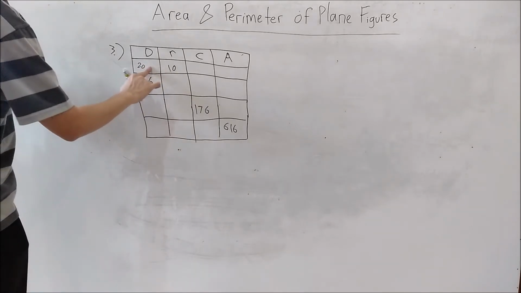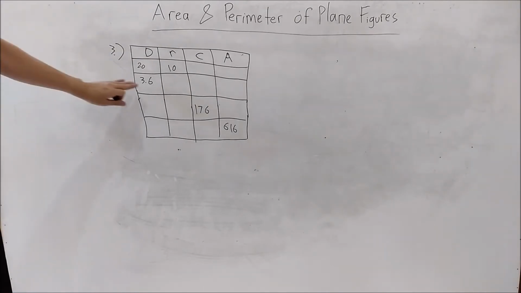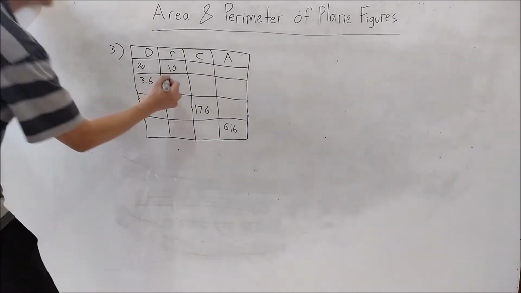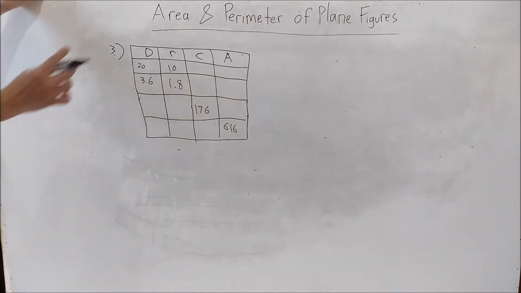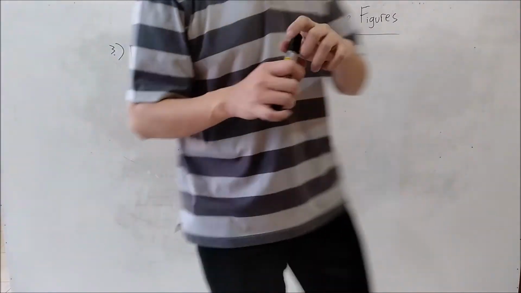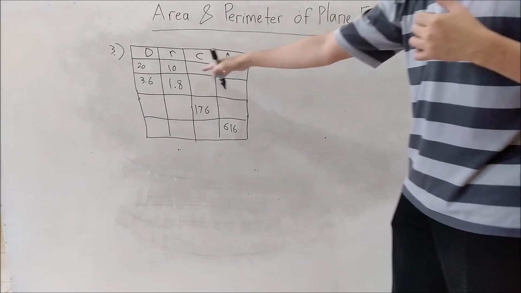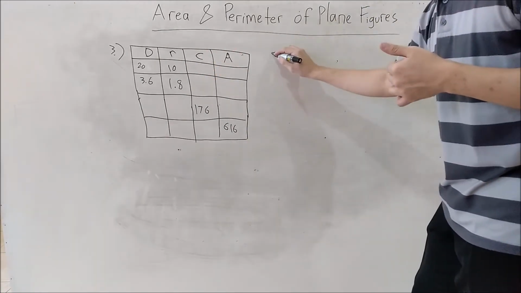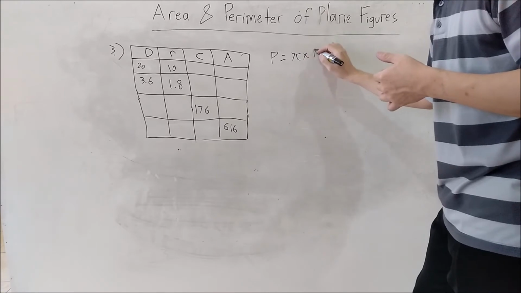I will not put the unit to make it less confusing. And then the diameter for the second one is 3.6 meters, so the radius will be 1.8, which is half of it. Okay, so let's fill in the other part of the table. Let's start with the top one. We have the circumference or the perimeter. How do we get that? Perimeter will be pi times d.